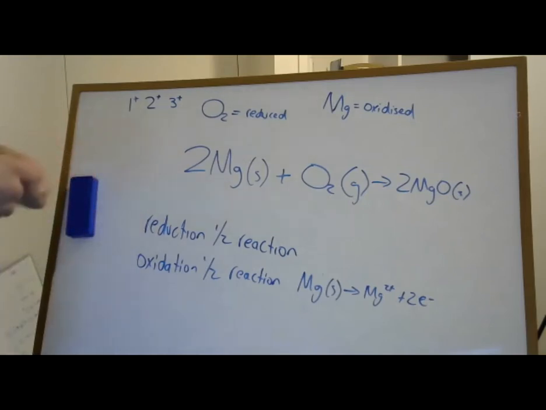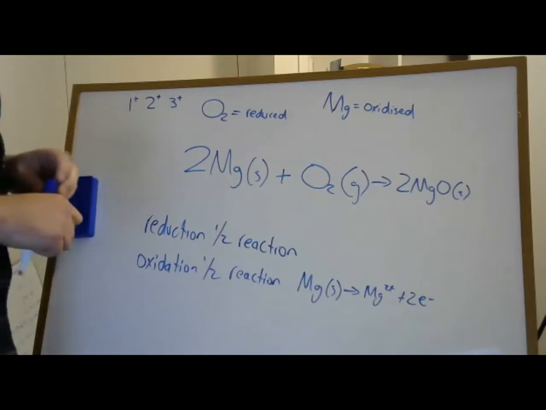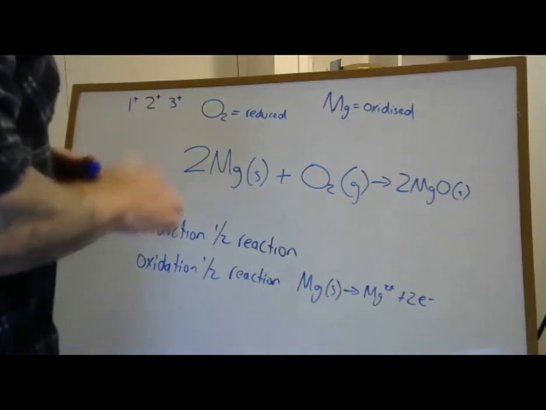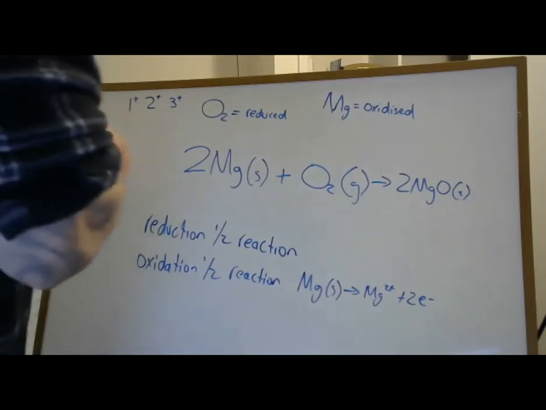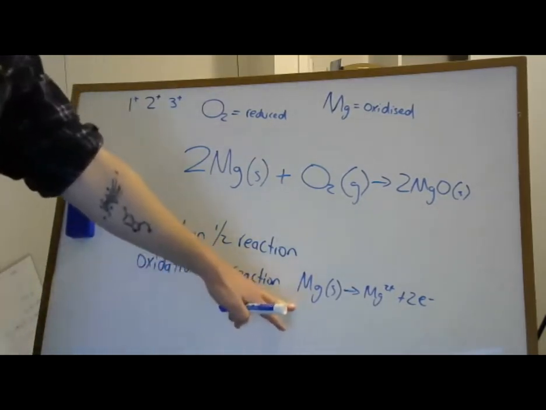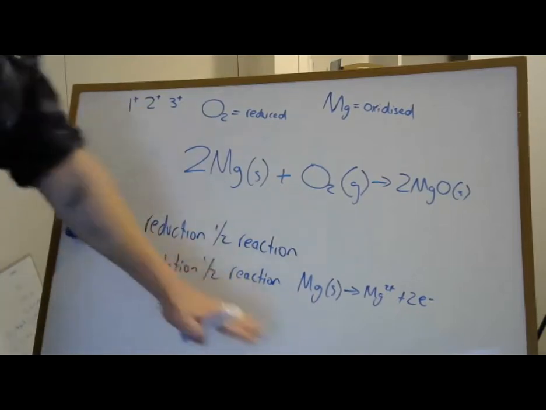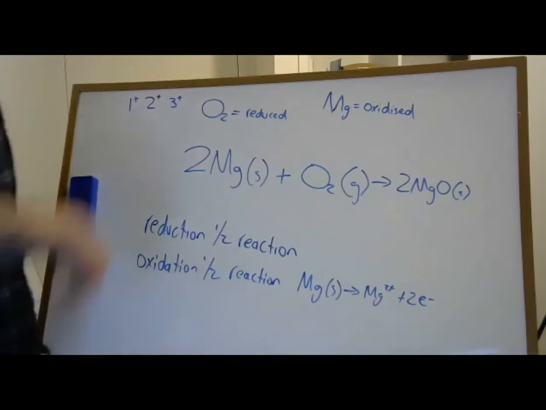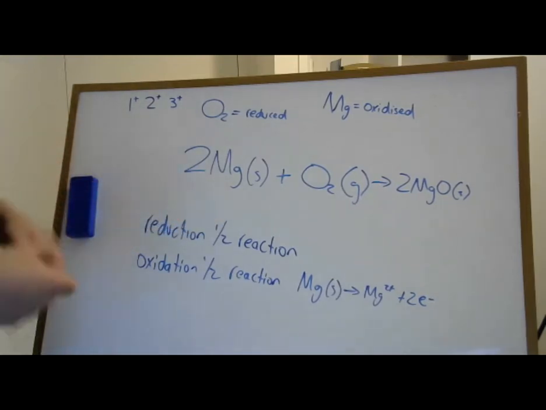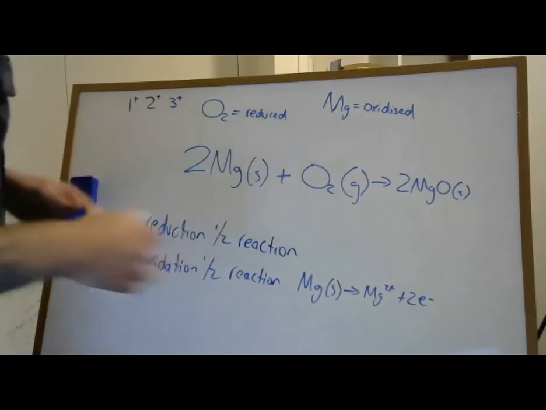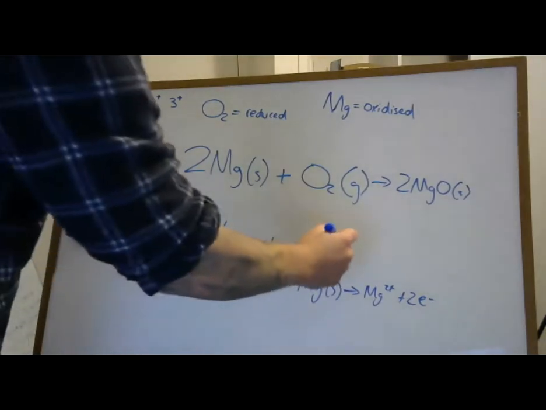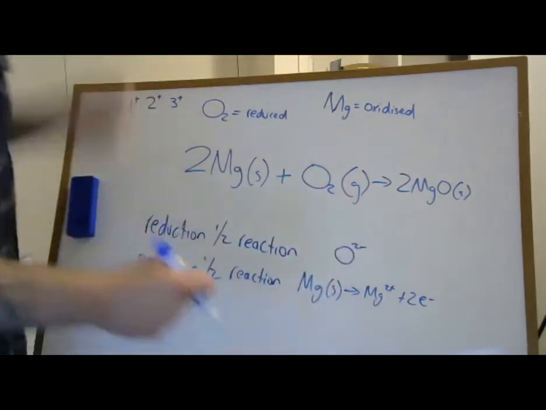So I know that magnesium is going to be oxidized and oxygen is going to be reduced. Magnesium, being the metal in group 2, will lose 2 electrons and become Mg 2+, whereas oxygen would then become O 2 minus.